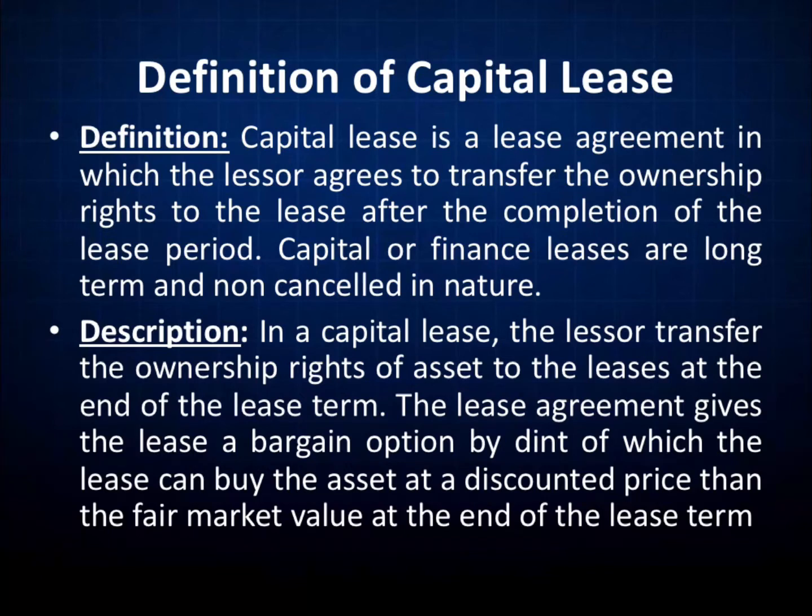Description: in a capital lease, the lessor transfers the ownership rights of the asset to the lessee at the end of the lease term. The lease agreement gives the lessee a bargain option by which the lessee can buy the asset at a discounted price than the fair market value at the end of the lease term.